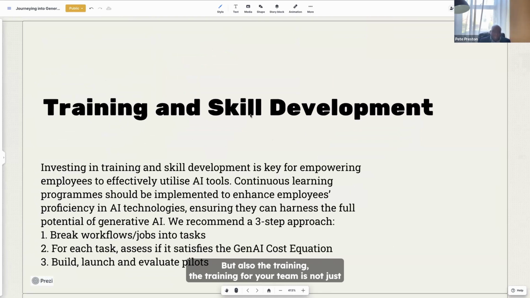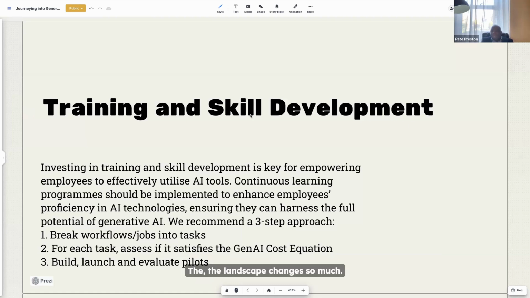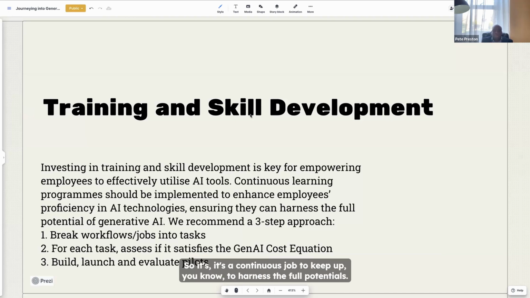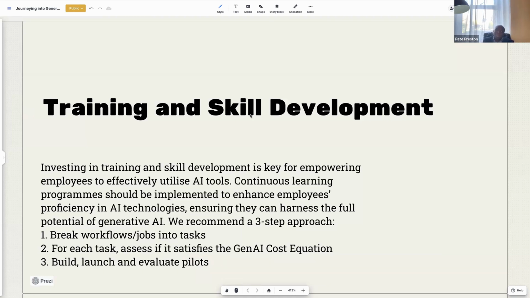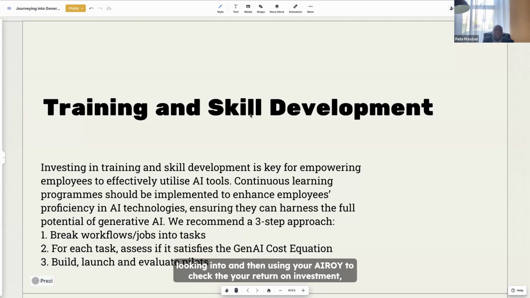for your team, it's not just something you do the once and forget about it. The landscape changes so much, so it's a continuous job to keep up, to harness the full potentials. So it may be costly, but I think it's worth looking into and then using your AI ROI to check your return on investment.